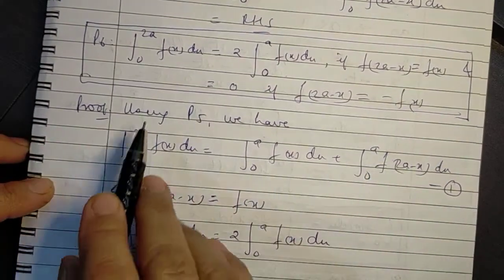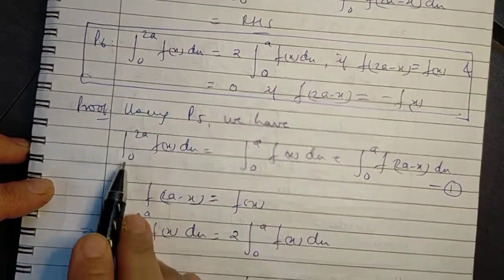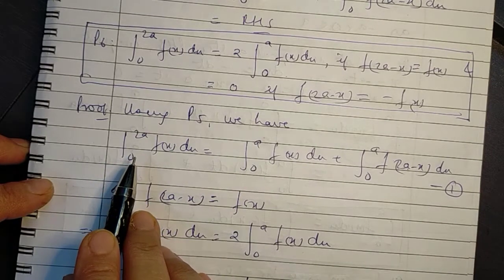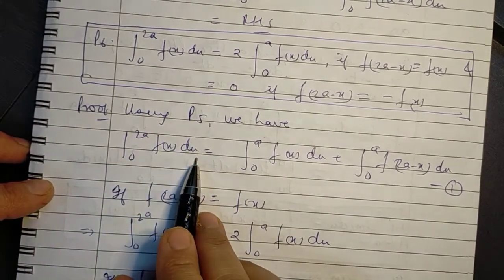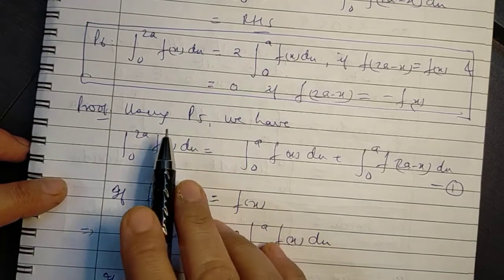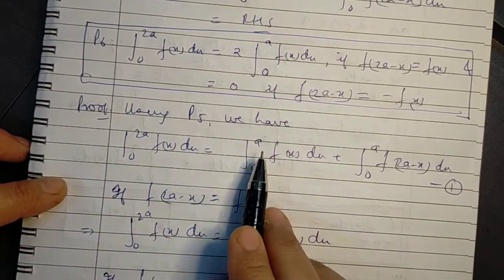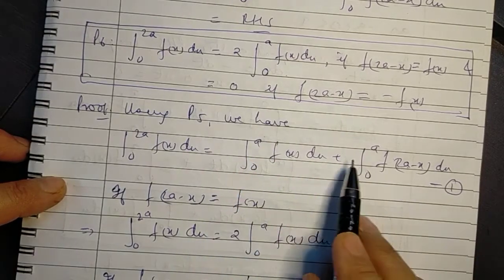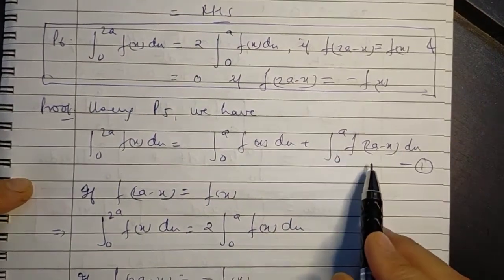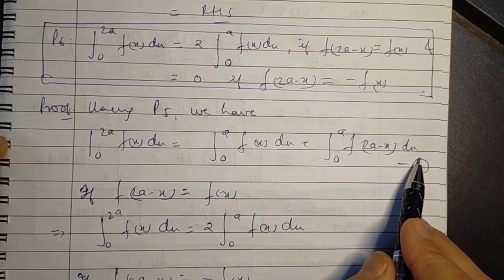So now what we do is, let's start with the left hand side and we write it as integral from 0 to 2a fx dx. Now using the previous property, it can be easily written as integral 0 to a fx dx plus integral 0 to a f of 2a minus x dx.